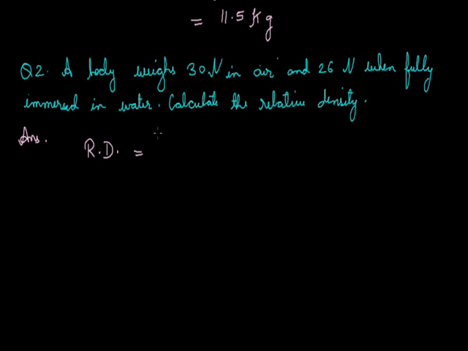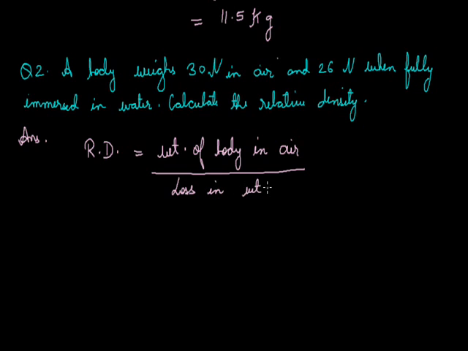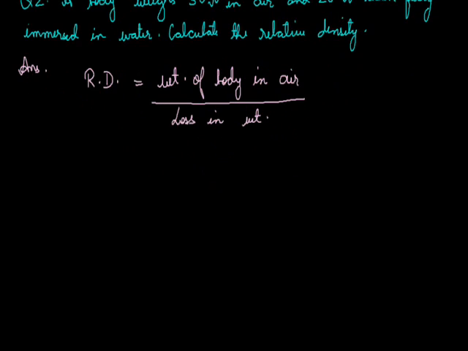Since the weight in air and weight in water vary, we can also write that relative density of a solid in such a case is equal to weight of body in air by loss in weight. As we can see, there is some loss of weight in water. Hence, we can calculate loss in weight.